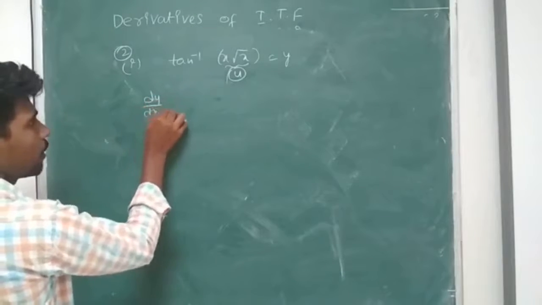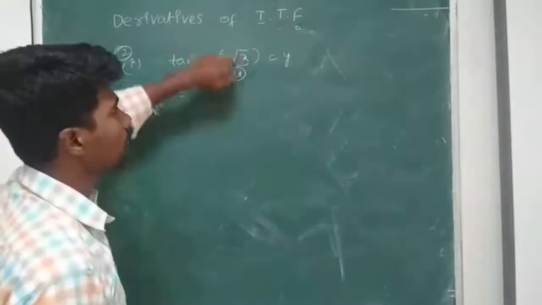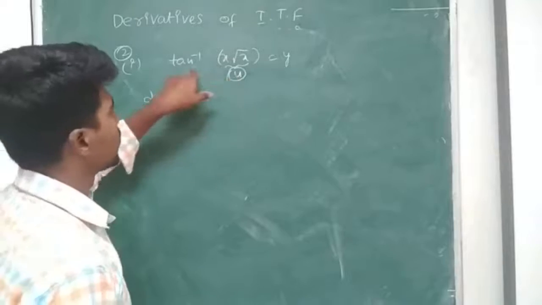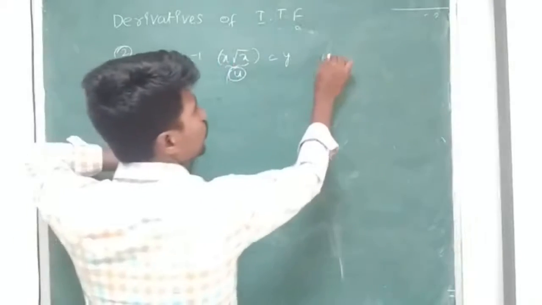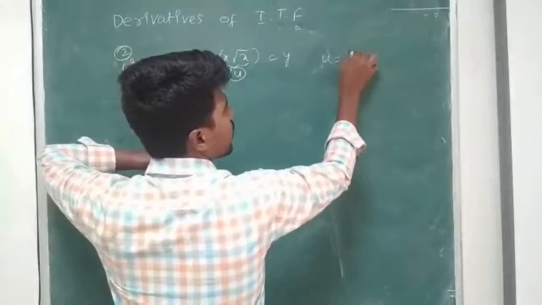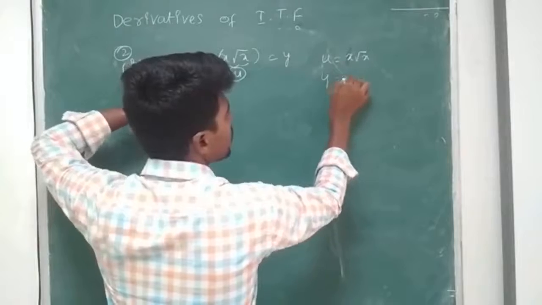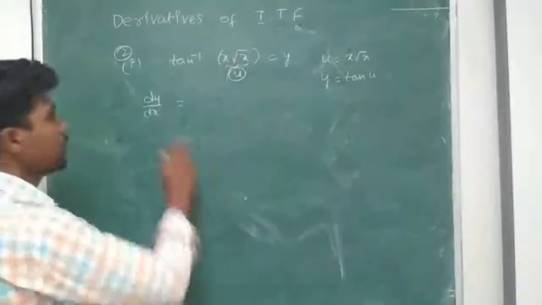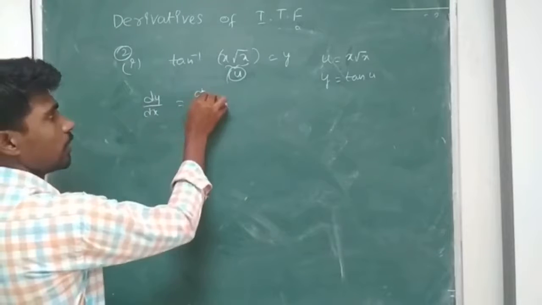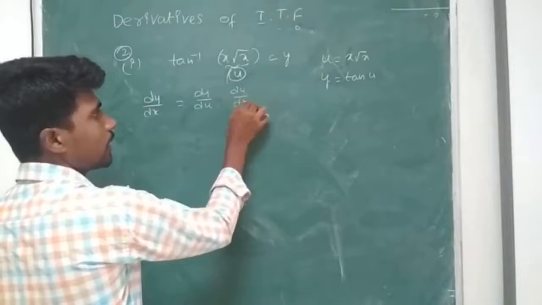If I want to find dy by dx, what formula do I have to use? u is a function which is defined as x root x, and y is a function which is defined as tan inverse u. So if I want to find dy by dx, what should I do? dy by du into du by dx.